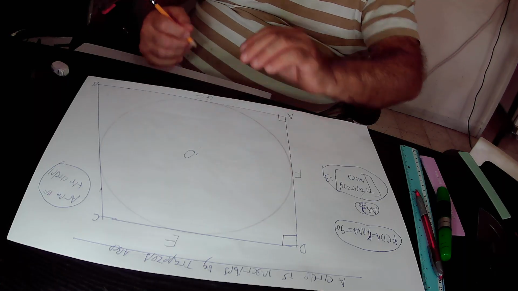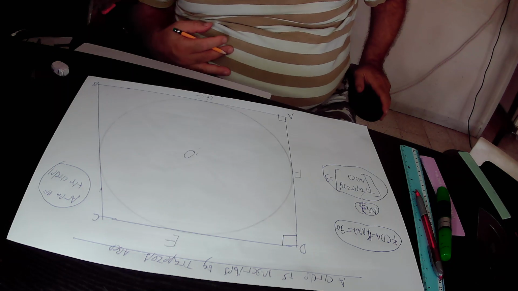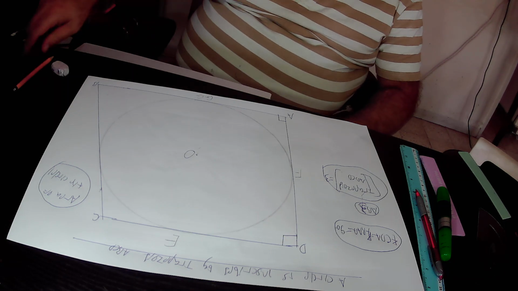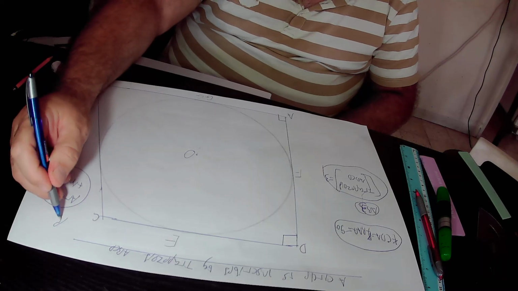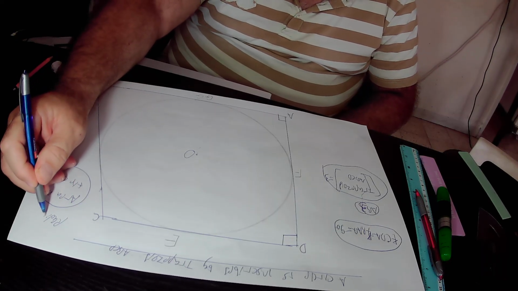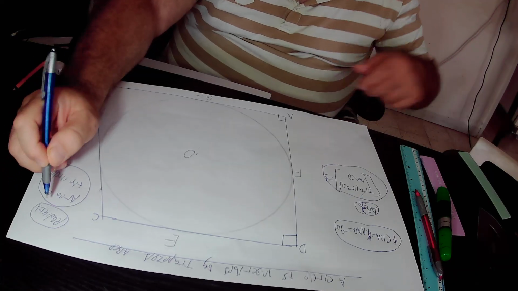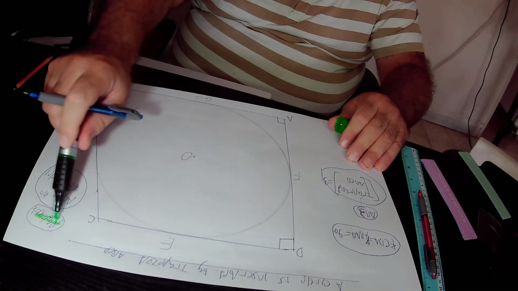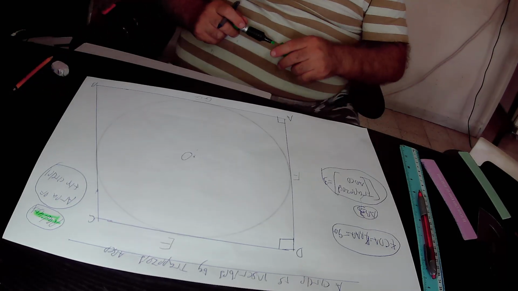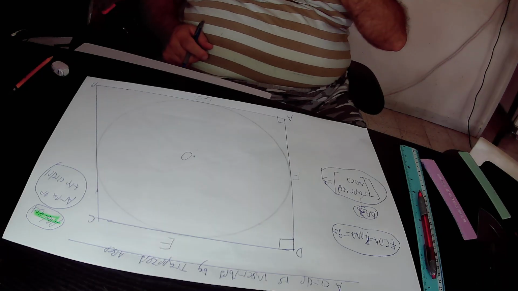In the next step, we'll define the radius of this circle as x. Next, we will join points O and G together by a straight line.